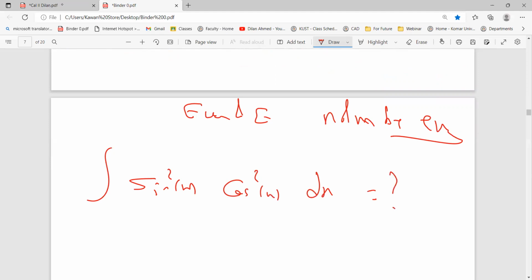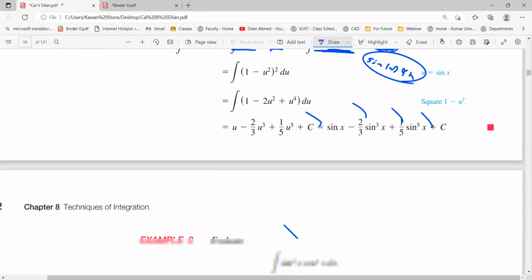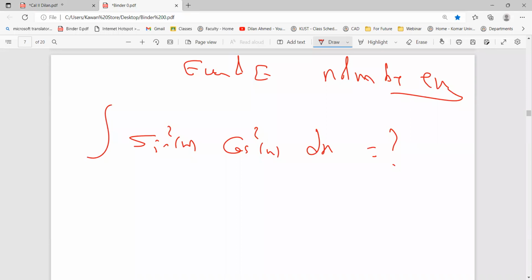In that case, you are going to use these properties. Both of them. We need both of them. Understood? So here we are. I'm going to change that one.